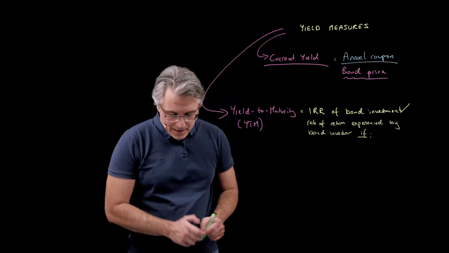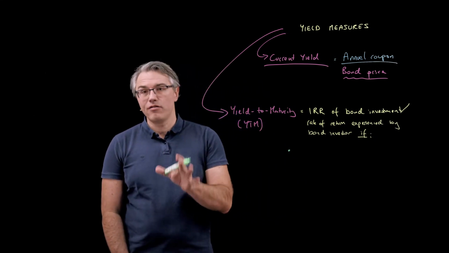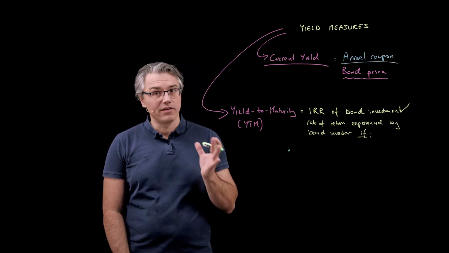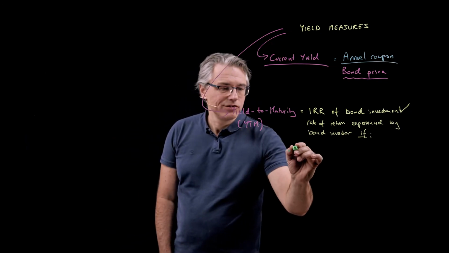First of all, in order for the IRR to be a good representation of that yield or rate of return experienced by the investor, we have to assume that the bond is obviously held to maturity.